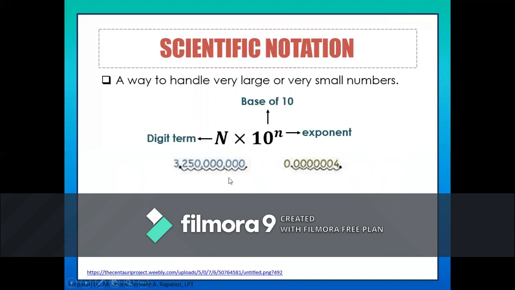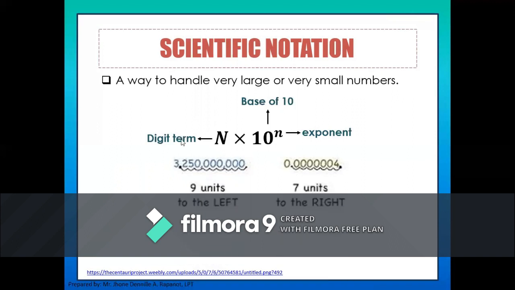Here, we have a very large number, and on this side we have a very small number. One way to identify if we're dealing with a very small number is that it is written in decimal form, or we call it a decimal number.